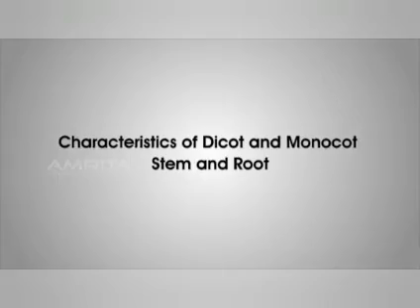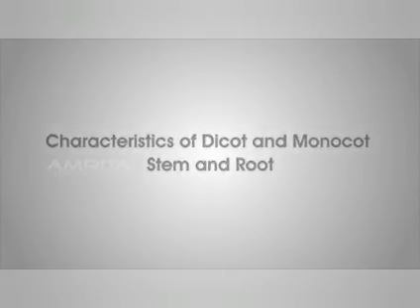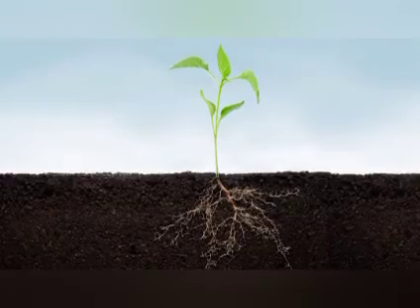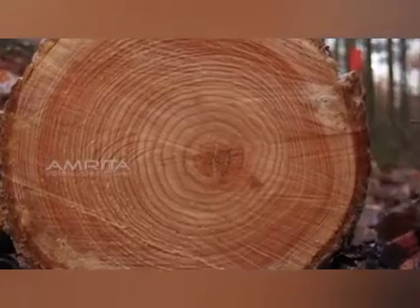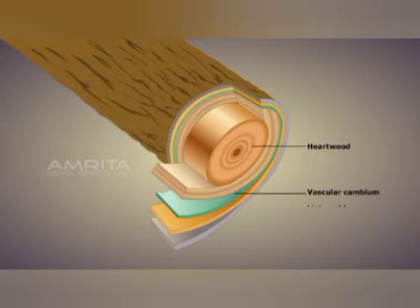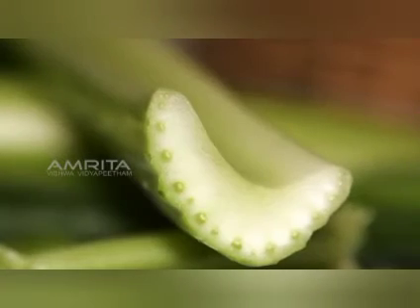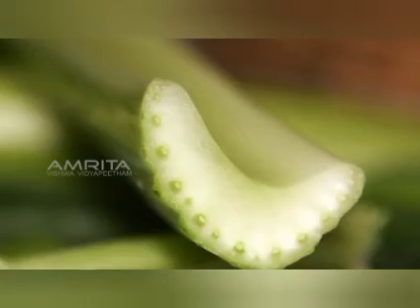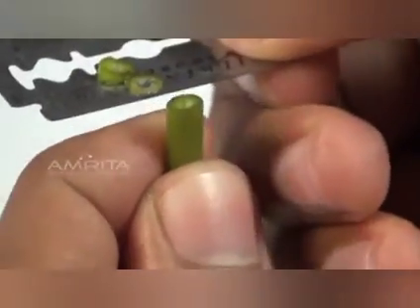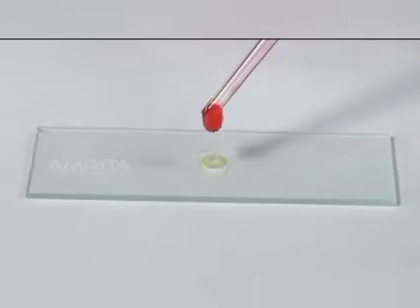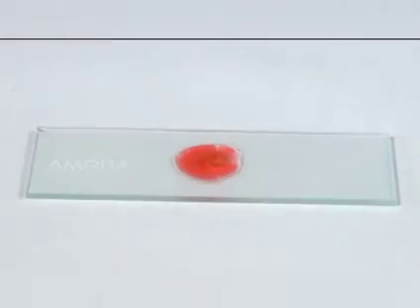Characteristics of dicot and monocot stem and root. Stems and roots of plants are made up of different types of tissues. These tissues form different layers in the composition of stems and roots. To study the structural details of the stem or root of a monocot or dicot plant, it is essential to get familiarized with the sectioning and staining techniques used with plant materials.